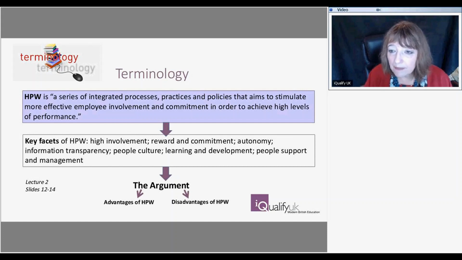But there is a downside, and some of the downsides may be about too much time being spent on employee development and not enough on productivity. If you give somebody a day off work, that is a loss of productivity. So those are the sorts of arguments that you might put forward. When you're looking at your slides for this session, it's still lecture 2, and they're slides 12 to 14 that we actually covered when we were doing that.